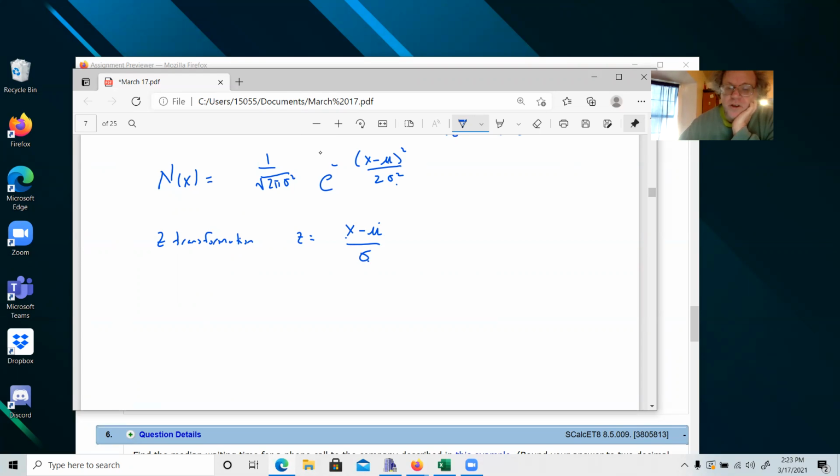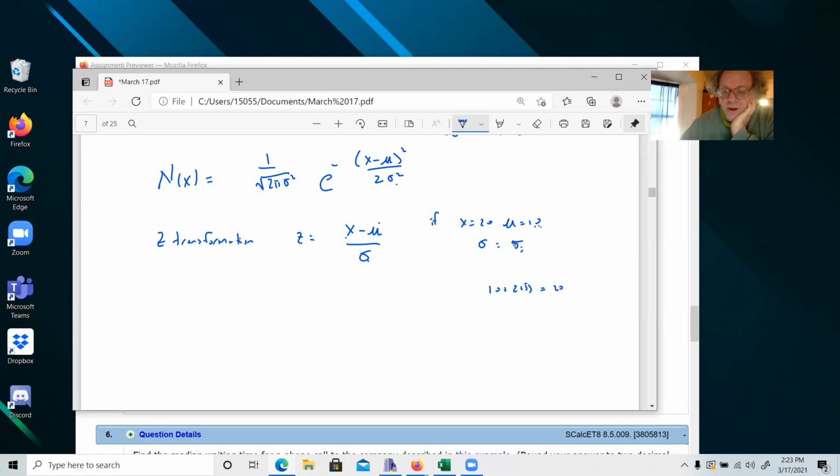Say for example, if we had x equal to 20, mu equal to 10, and a standard deviation equal to 5. All right, so you can look at this, right? The mean plus the standard deviation plus another standard deviation, that would be 20, right? 10 plus 2 times 5 would be 20.